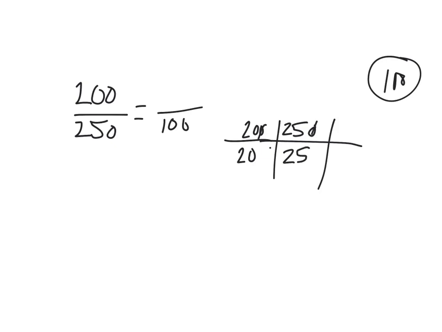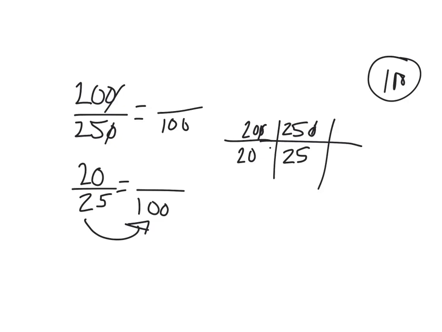And let me reset up my ratio now. So instead of 200 over 250, I now have 20 over 25. It's still the same ratio because remember, I divided by 100 on both. So now I'm going to know, okay, well, can I turn a 25 into a 100? And I can by multiplying by 4.